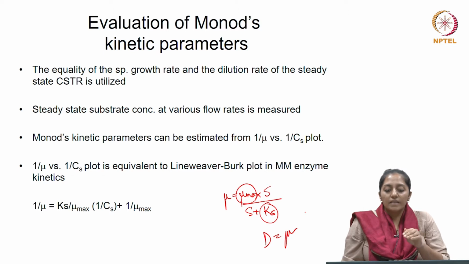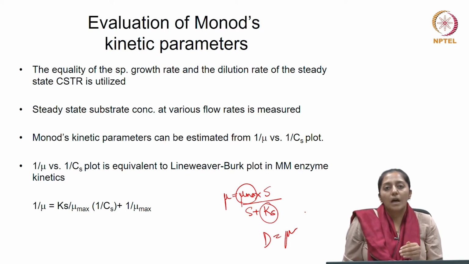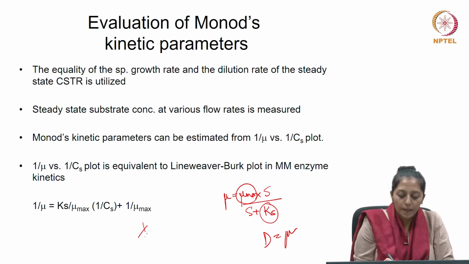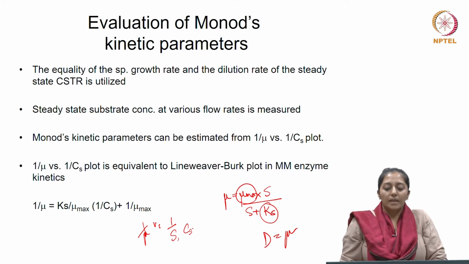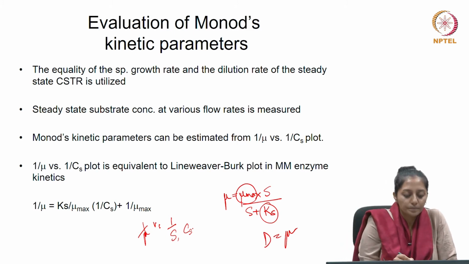Now, steady state substrate concentrations at various flow rates are measured. Monod's kinetic parameters can then be estimated by making a plot of 1 by mu versus 1 by S, or here, as on the slide, C with a subscript S, which is your steady state substrate concentration.